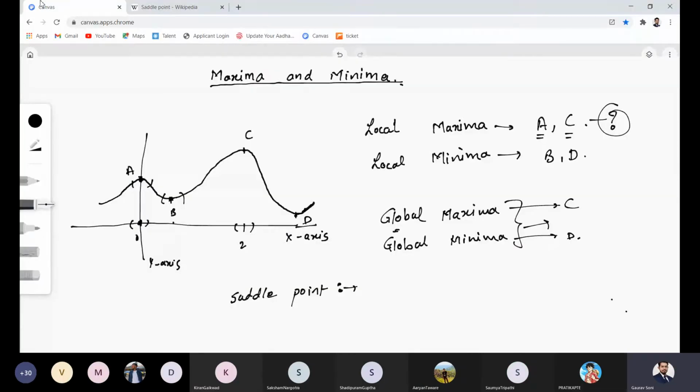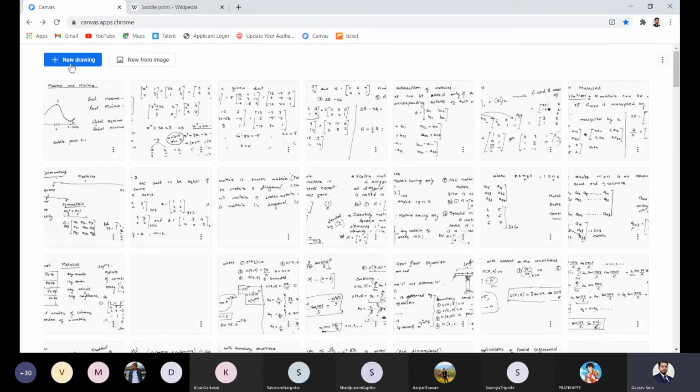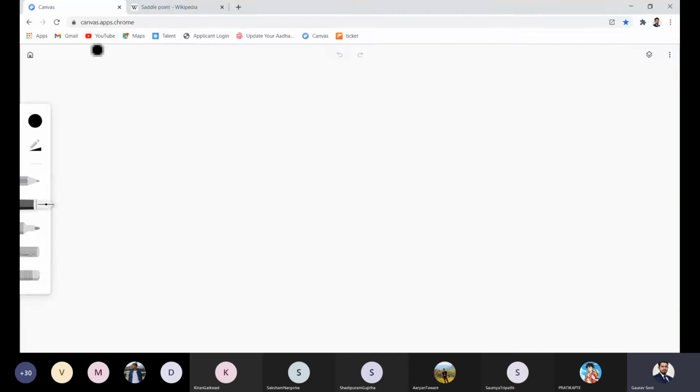Now, we'll start with some of the basic definitions, and then we'll talk about the method, how to find those things.